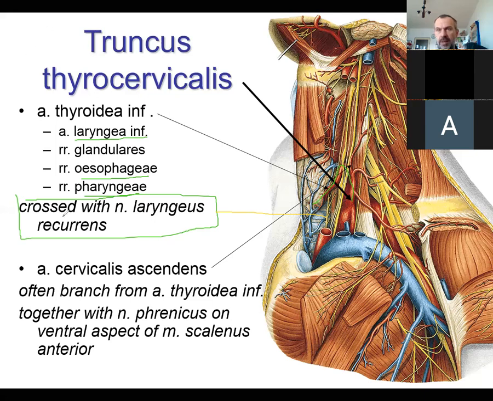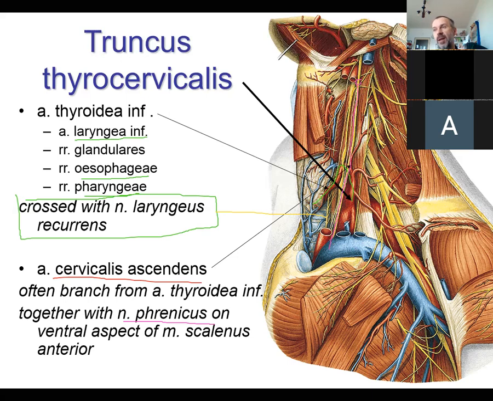Ascending cervical artery is a branch which comes either from the trunk or from inferior thyroid up, and it's important, it runs together with phrenic nerve. So the phrenic nerve you can see here, this is the phrenic nerve. So it runs together with the phrenic nerve down.